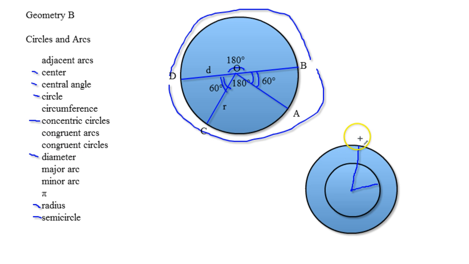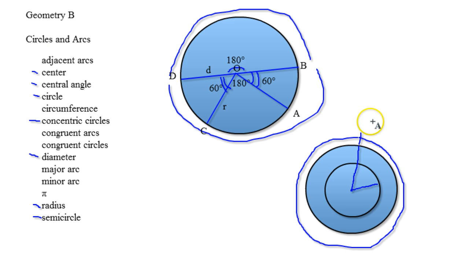Now what if I measure the distance around the outside of the circle? That distance is called circumference, and the formula is circumference equals 2 times pi times the radius, or pi times the diameter.